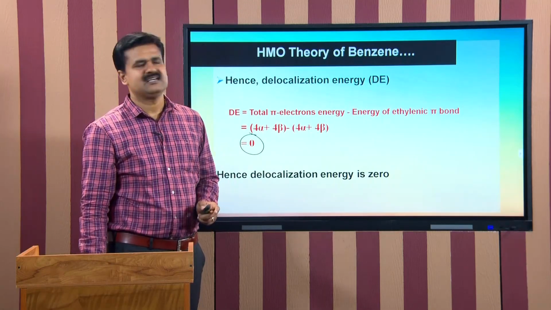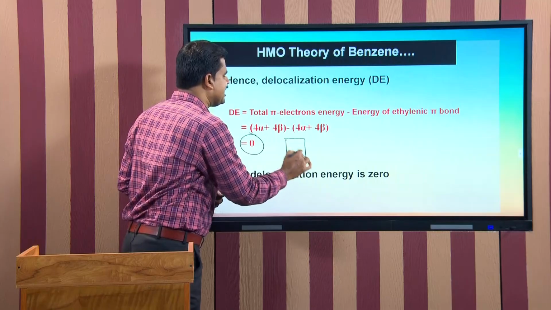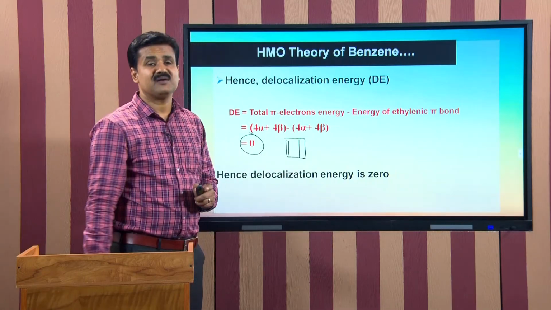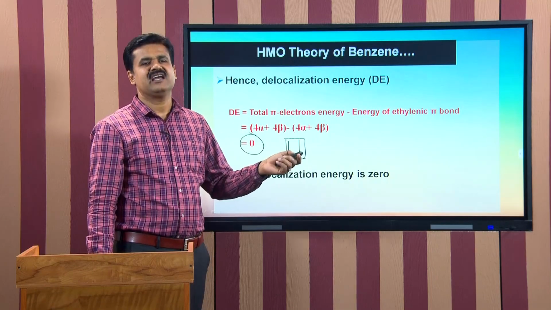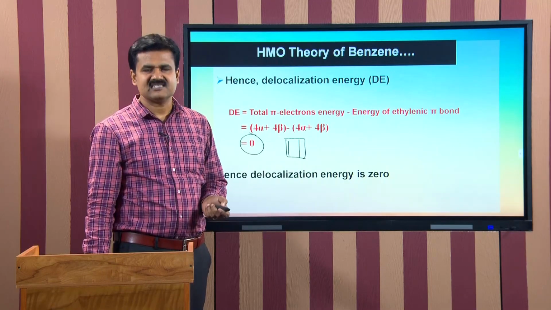Hence, it implies that the molecule cyclobutadiene is not stabilized by resonance. This is because there is no resonance stabilization, and delocalization energy is 0.